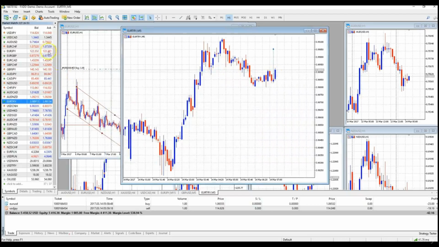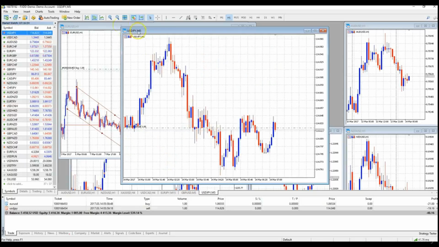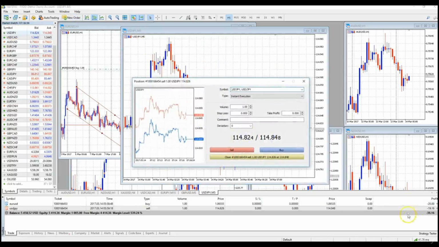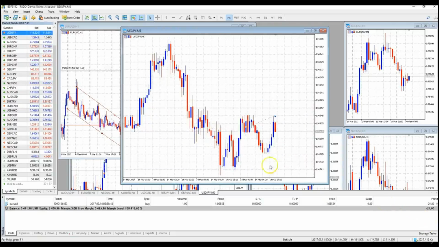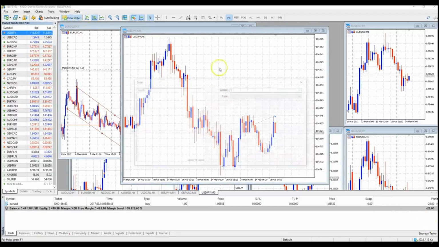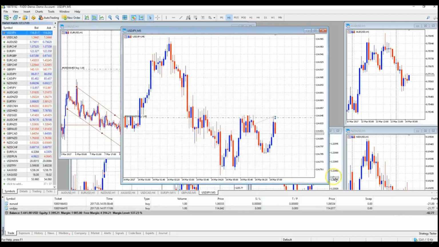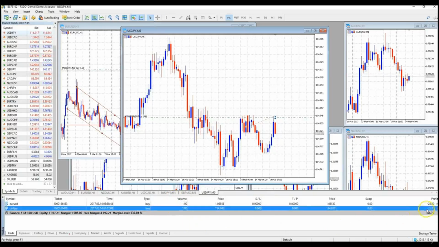Okay, so for example, if I were to trade USD yen, and just pay attention to the terminal down below. So if I bought this, the pip spread is 2 pips. So if I buy one standard lot, it costed me about 20 bucks.